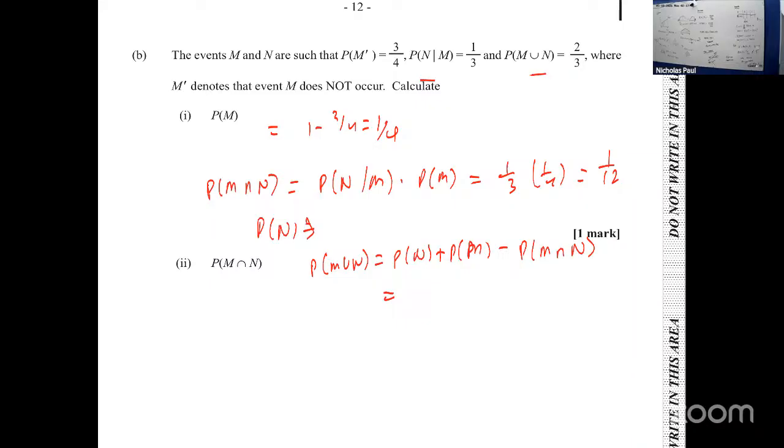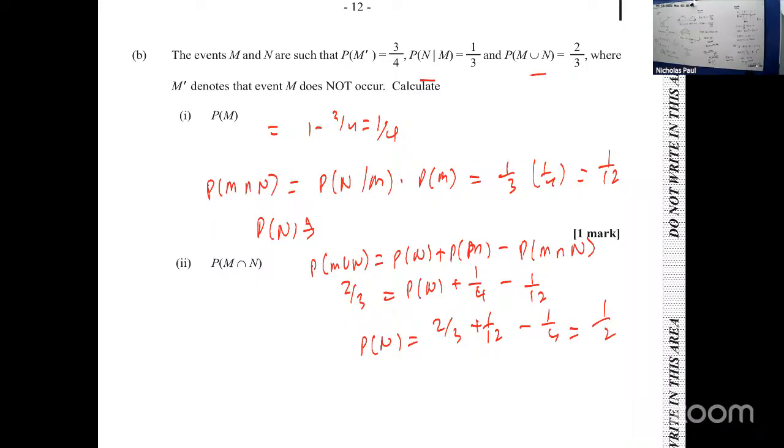M union N is 2/3. The probability of M we found already, and we found the intersection to be 1/12. So the probability of N will be 2/3 plus 1/12 minus 1/4. What's that? 8, 9 minus 3, 6. Yeah, 1/2. Nice.